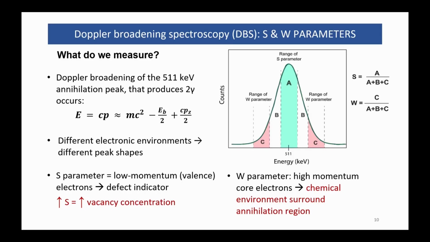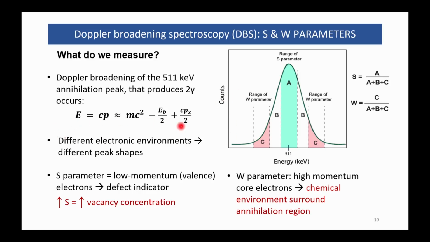I will talk very briefly about what we actually measure. The positron is the antiparticle of the electron, and when the positron interacts with an electron, it emits two gammas, and we measure these gammas. Different electronic environments will have different gamma peak shapes. This is one of the peak shapes.